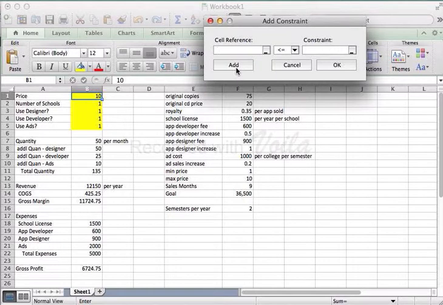And it didn't say how far she could go, but let's just say, for the sake of argument, there really isn't more than 10 schools in the DC area that have business schools, so the number of schools has to be less than or equal to 10.